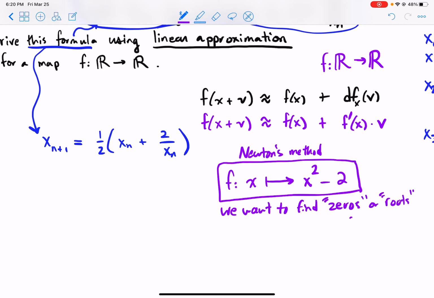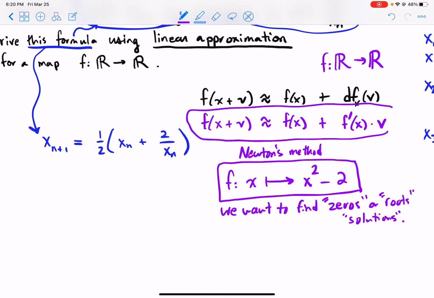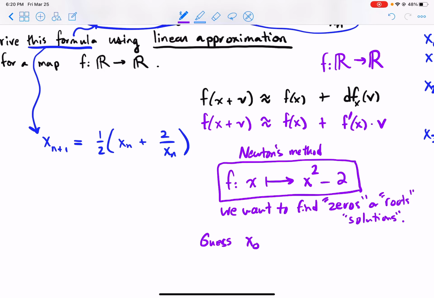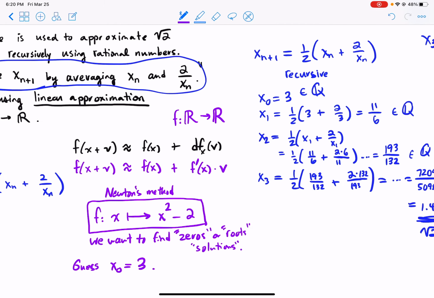In other words, solutions. Okay, so what should we do? Well, we should use this. We'll guess x0 equals 3, okay? That's what we did. We could start with any number, but we'll just choose 3.